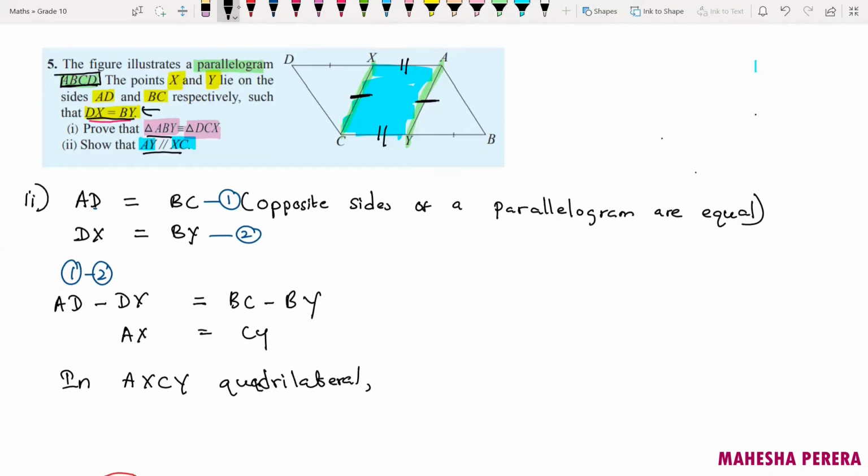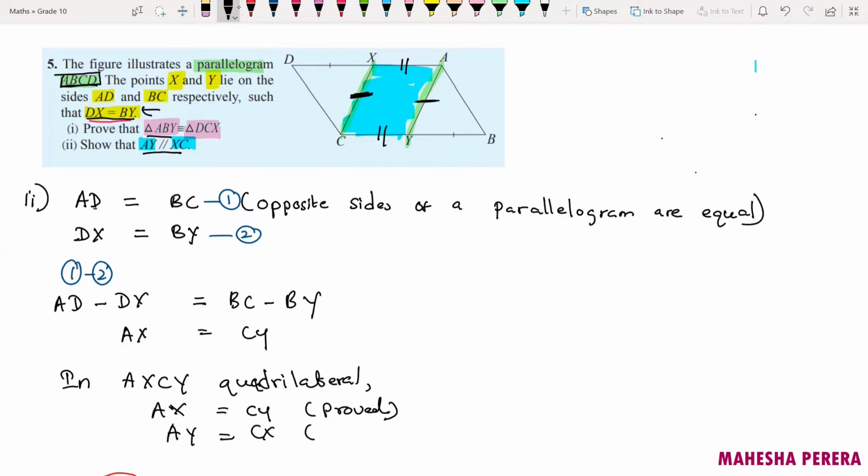What do we know? Already we have proved that AX equals CY. It is actually proved. And then AY equals CX. Why?